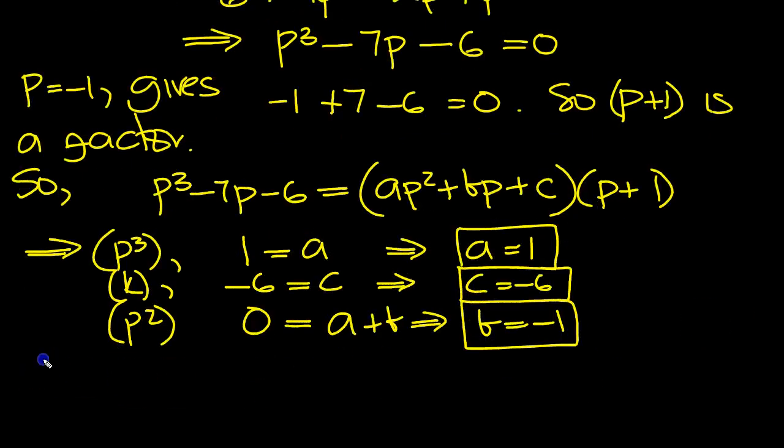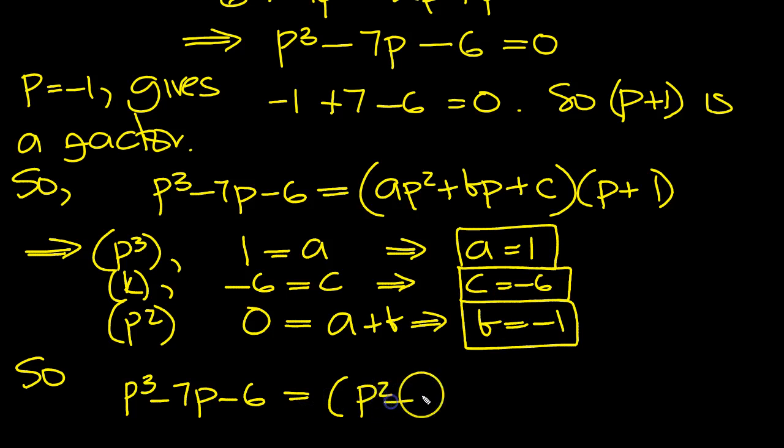So we've got p cubed minus 7p minus 6 is equal to 1p squared, minus 1p, because b is minus 1, and then c, which is minus 6, times p plus 1.